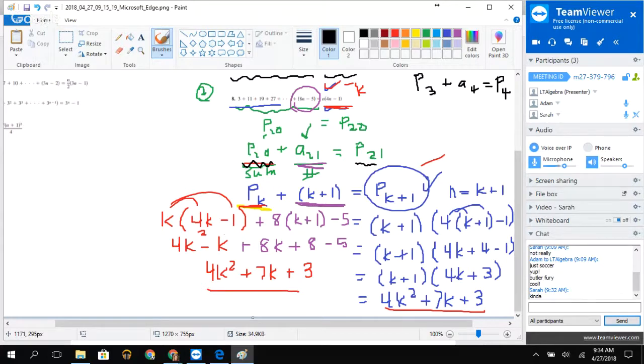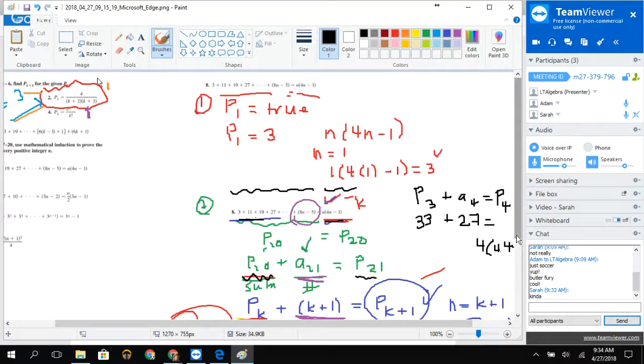They actually tell us what the numbers are. So if I add up my first 3 numbers, I have 3 plus 11 plus 19, which is 33. And then I add on 27. Does that equal 4 times the quantity of 4 minus 1?